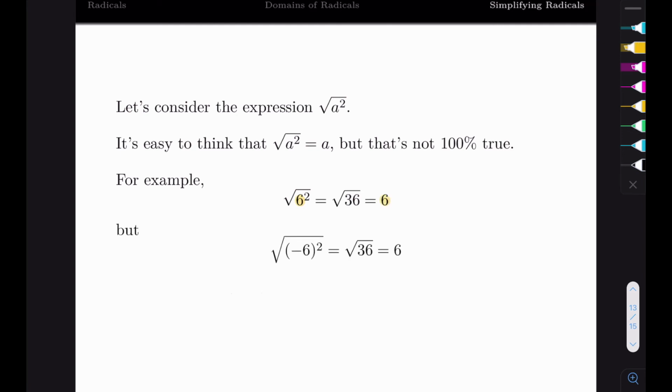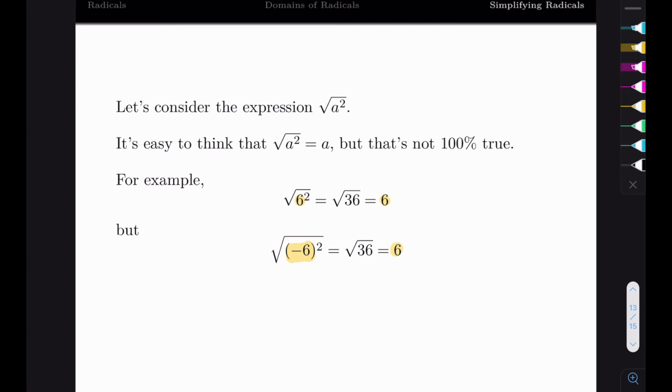But if I look at the square root of negative 6 squared, and I do the same thing, negative 6 to the second power is positive 36. When I take the square root of positive 36, I get 6. So unfortunately here, that square and square root didn't just cancel. What happened is this minus had to change to a positive after we went and took the square root.